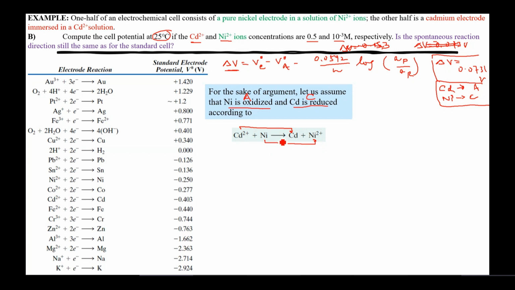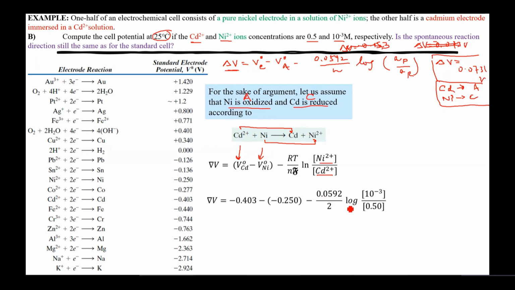Cadmium becomes my cathode and nickel becomes my anode. So V cathode standard minus V nickel standard, which is the anode, minus RT/nF natural log of nickel concentration divided by cadmium concentration.